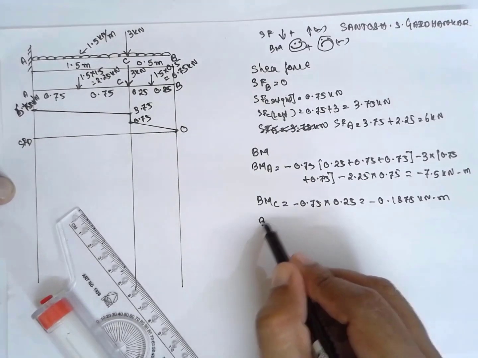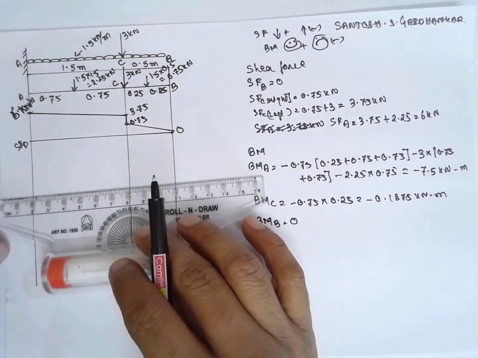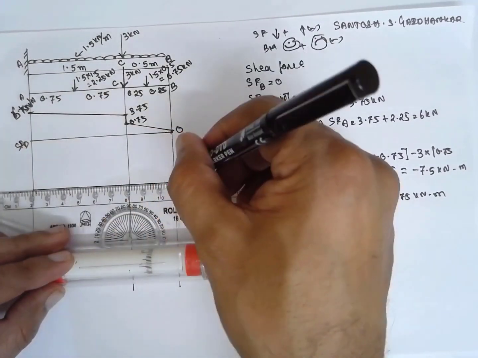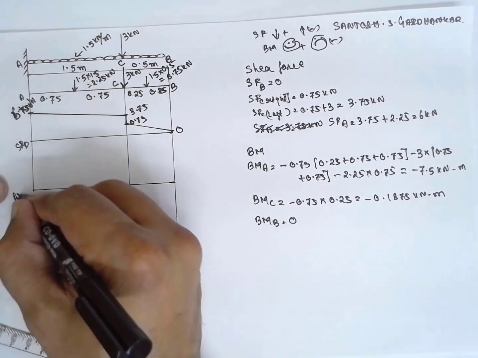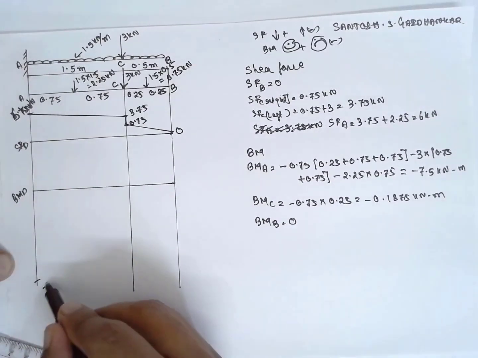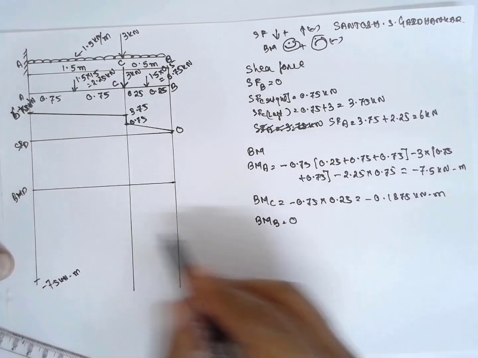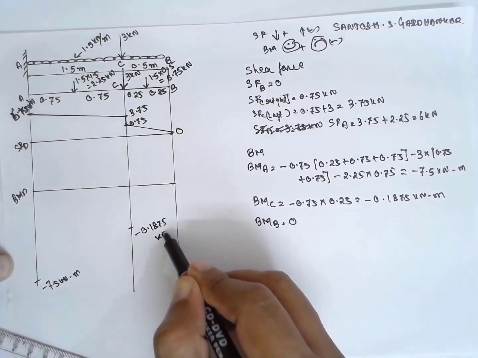Bending moment at B will be 0. Draw the diagram. This is positive side, this is negative side. First value at A is minus 7.5 kilonewton meter. C will be minus 0.1875 kilonewton meter.